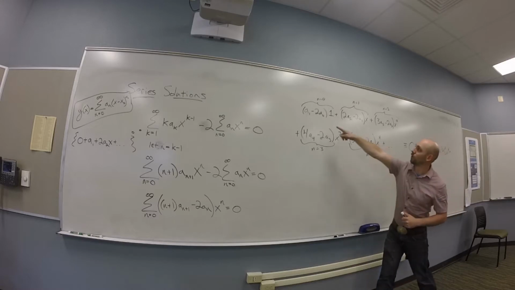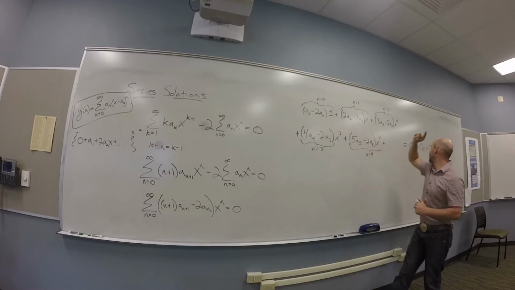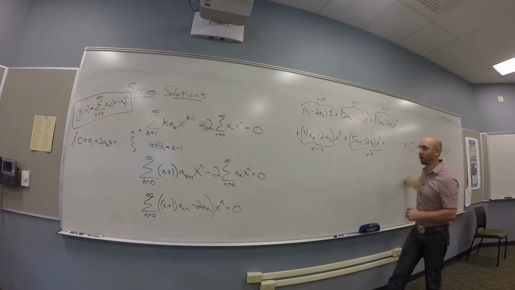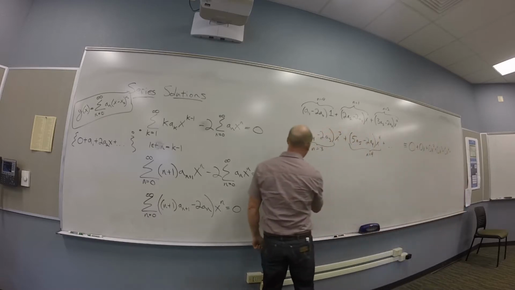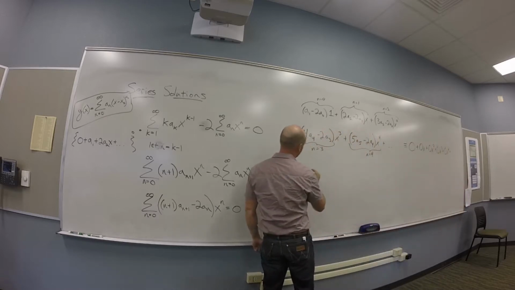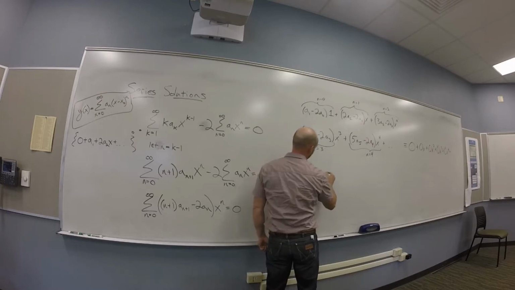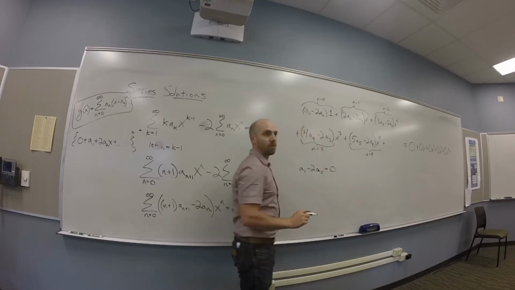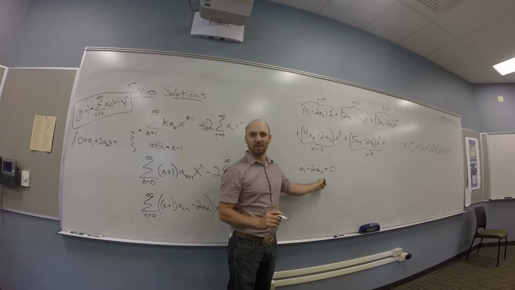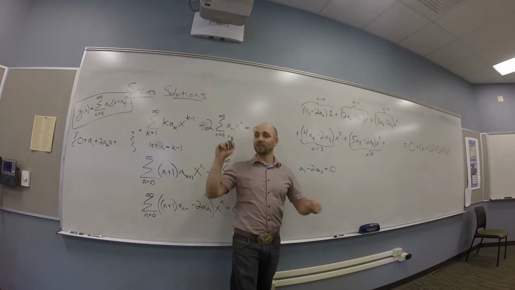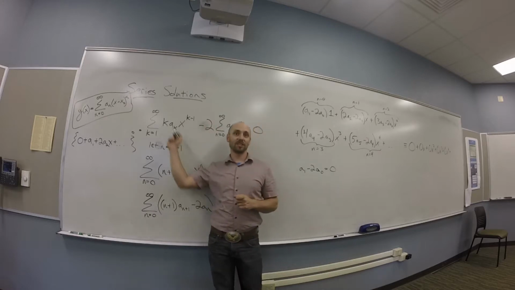So a1 minus 2a0 has to be 0. So you get a whole bunch of equations out of this. You get a1 minus 2a0 is 0. What was a0? From the Taylor series, back in the original Taylor series thought?